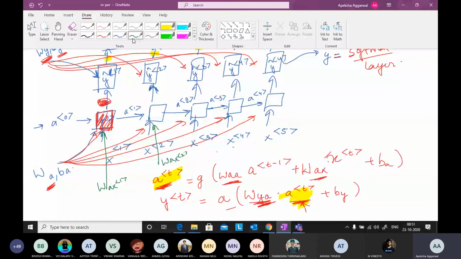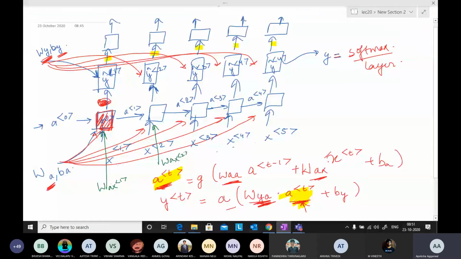So first of all, step 1, we give some input x1, x2, x3, x4, x5. At time step 1, x1 will enter this first node over here, and a naught we have initialized to, let's say, 0, or we can initialize it to some value, and then we will do the calculations using this first equation.